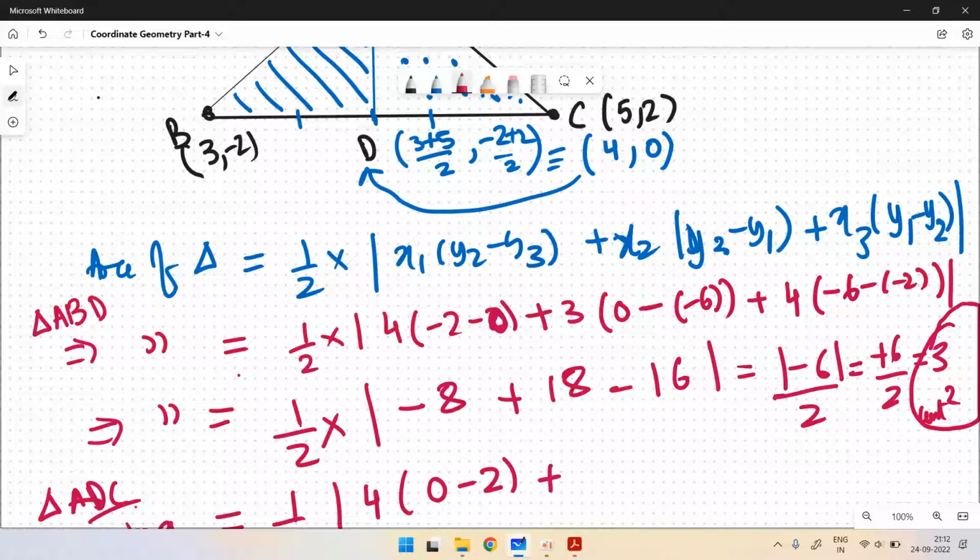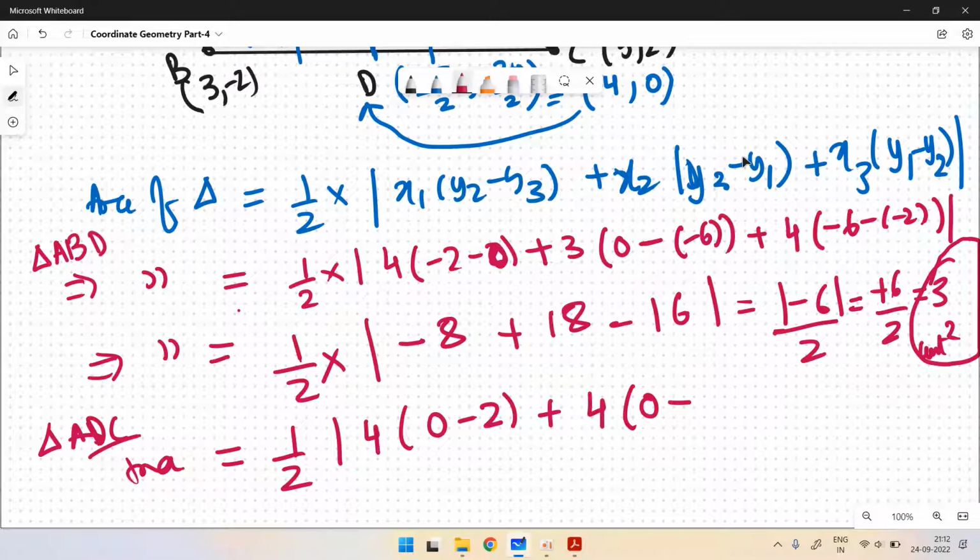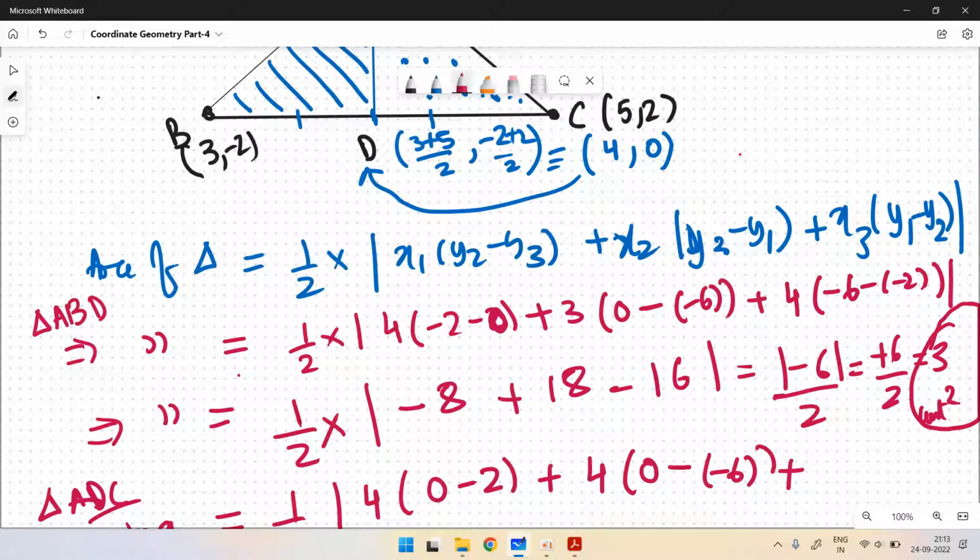Now point D is 4, so x2 is 4, and what is y3? y3 is minus 2 minus y1, where A is minus 6, so minus of minus 6. Plus x3, which is C, this is 5, and y1 minus y2 is minus 6 minus 0.